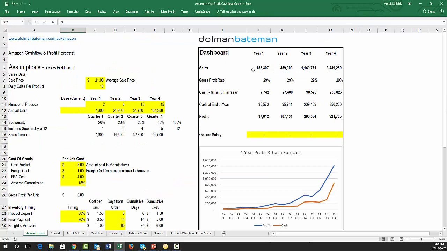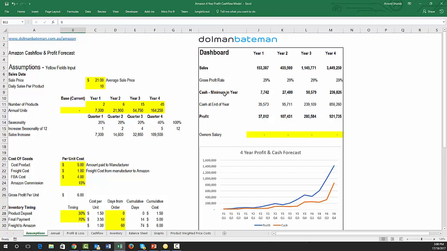So in terms of the dashboard here, this is probably what you're going to be looking at in the first instance because it's got all the vital information there. We've got sales, so it just gives a quick overview of sales. The gross profit rate is going to be an important number, and you'll be tweaking that gross profit rate to see the effect on your minimum cash in the year.